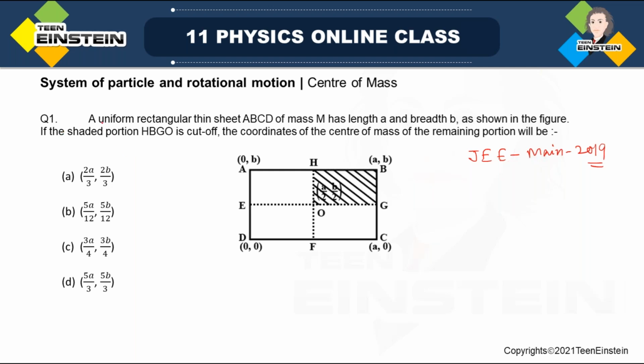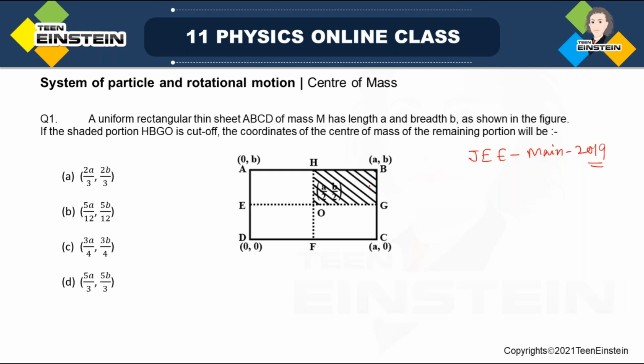So the first question is given here: a uniform rectangular thin sheet ABCD.